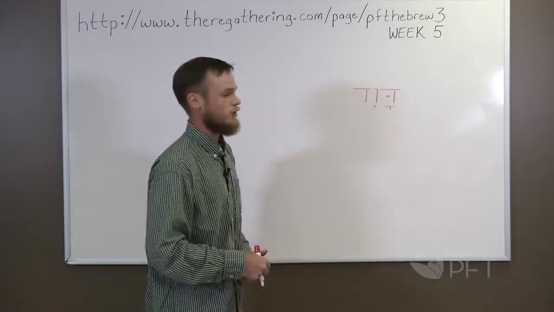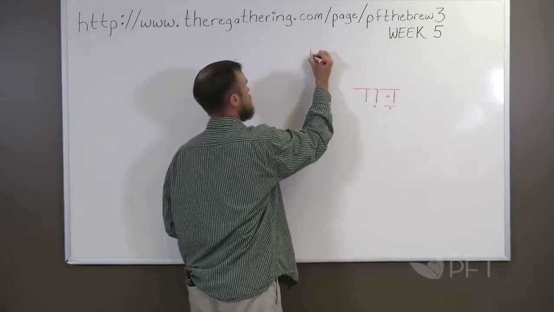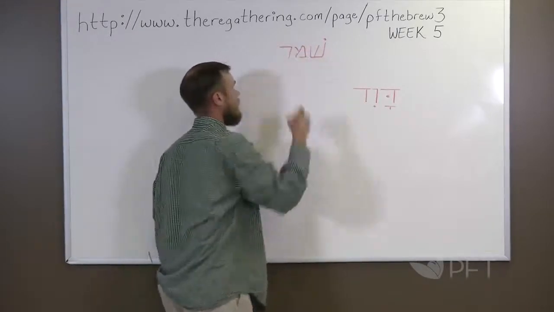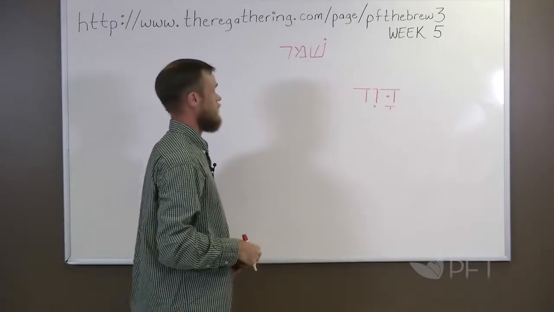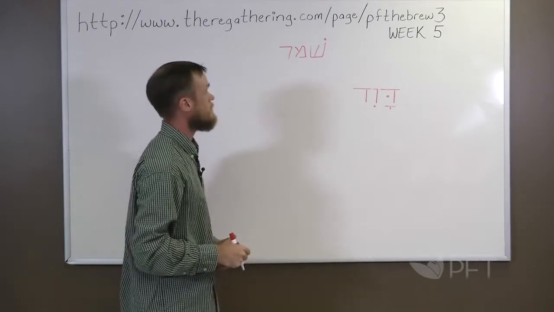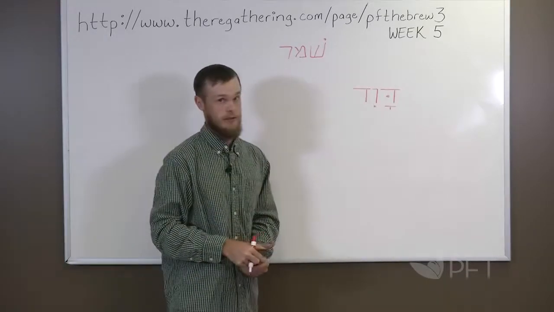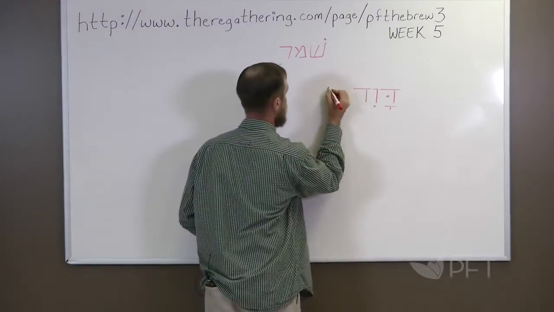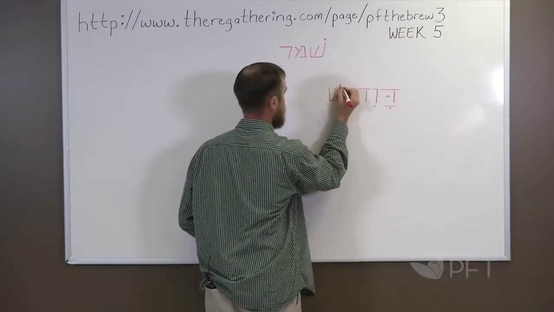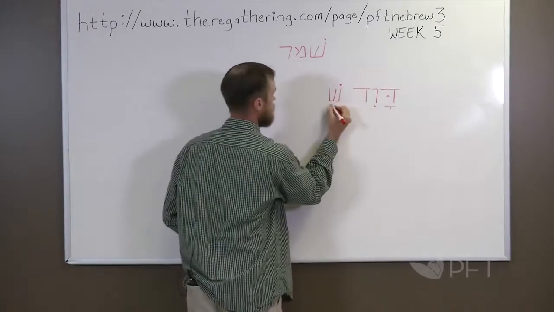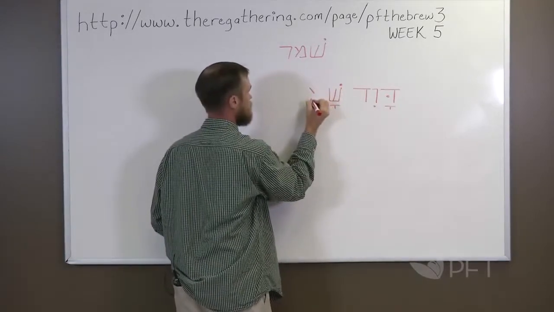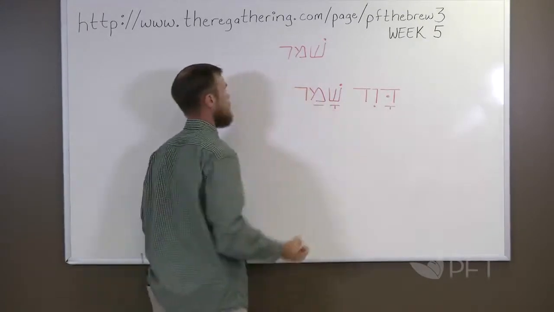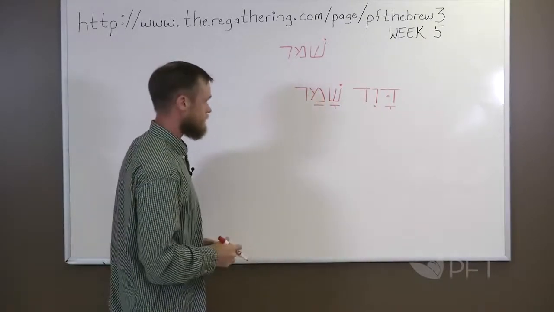The root for to keep is shin, mem, resh. So using our conjugation chart, we find the past tense, third person, masculine, singular, and plug in the appropriate vowels to the root letters. And we find that to be shamar.